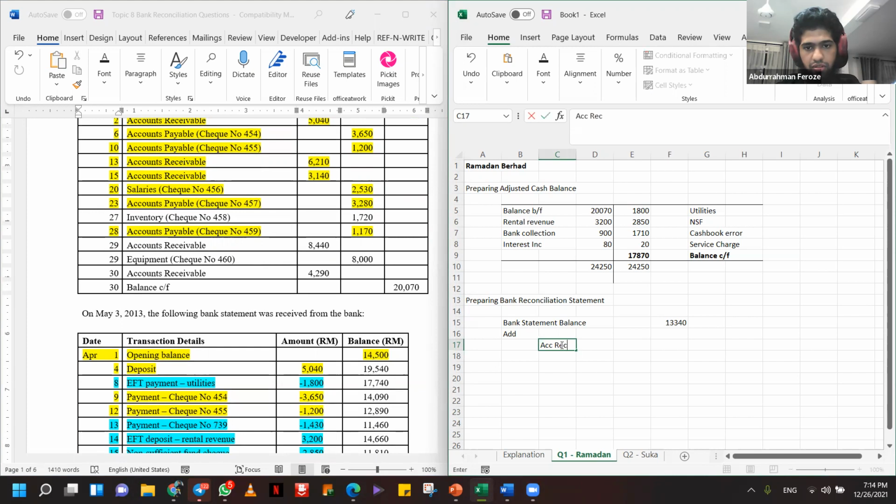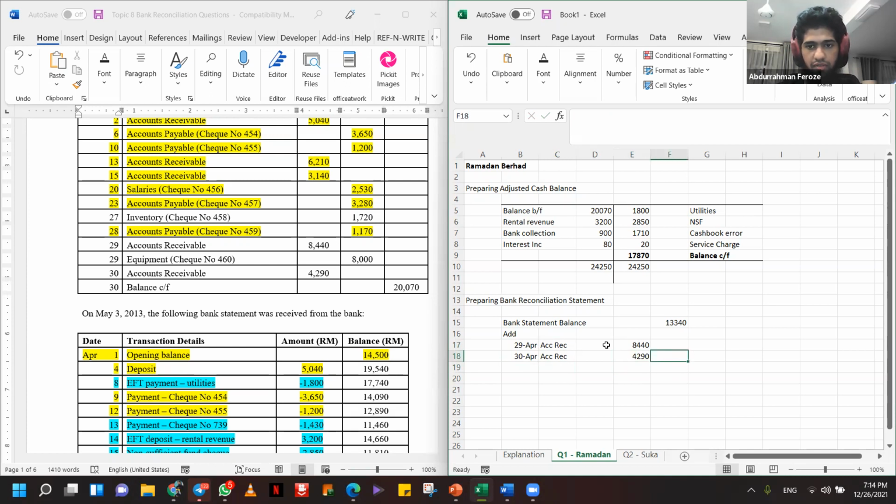account receivable. Let's put the date here just to make it easy. 29th April, account receivable. The amount is 8,440. And then we have 30th April, we have account receivable, which is 4,290. Right?